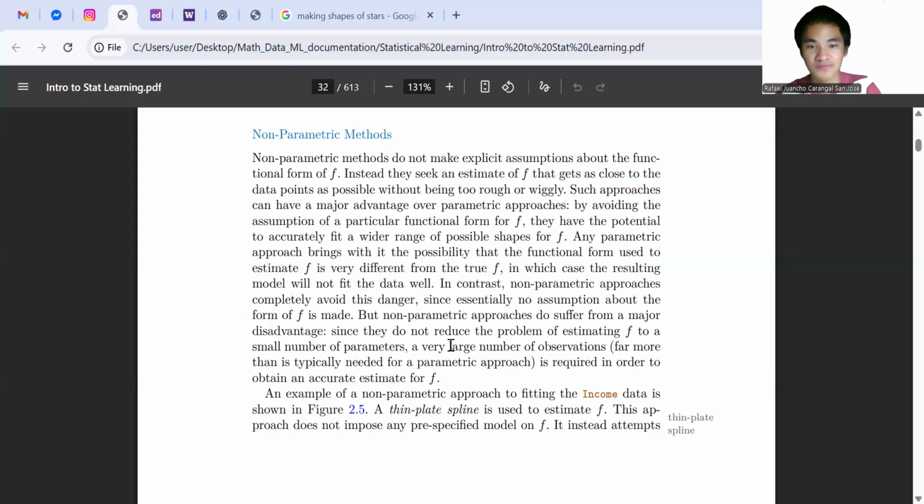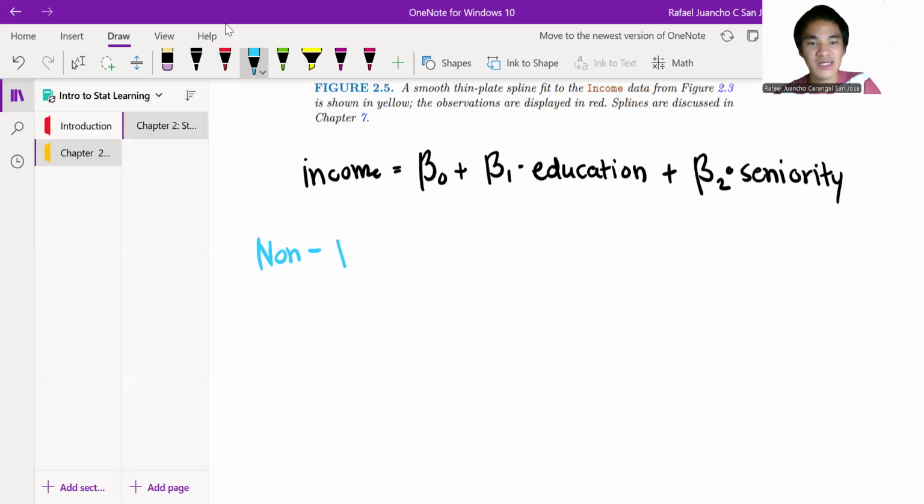So let's summarize what we talked about there. We touched upon when it is effective to use either one of these methods.